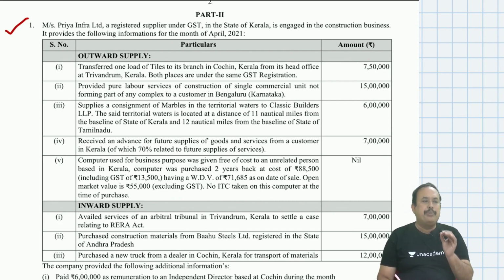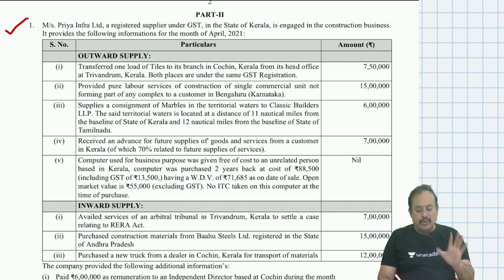Miss Priya Infra Limited, a registered supplier under the GST in the state of Kerala, is engaged in the construction business. It provides the following information for the month of April 2021.